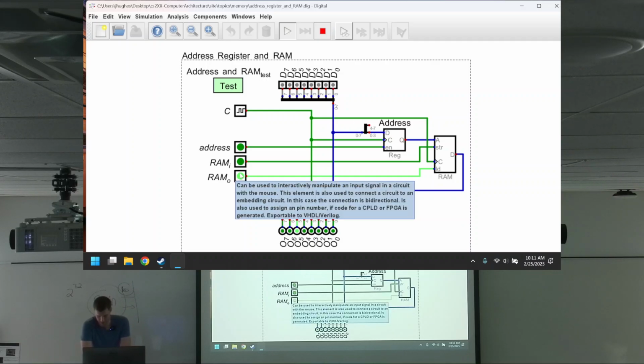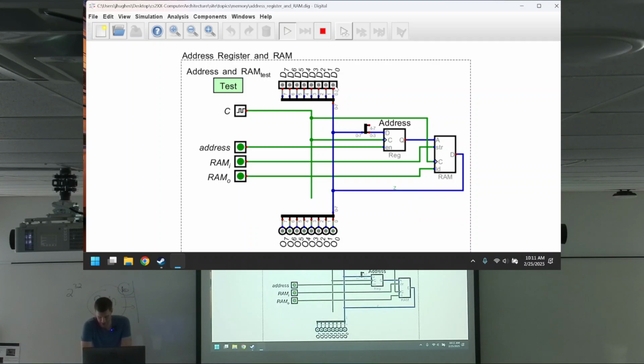Okay, cool. Good. But now, man, this is kind of annoying. Let's go to address 0, so clock pulse. There we go. All right, RAM out.